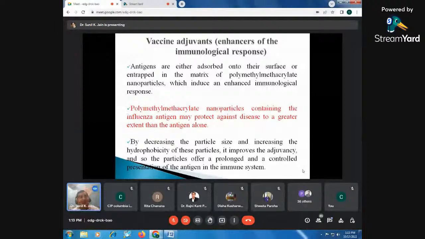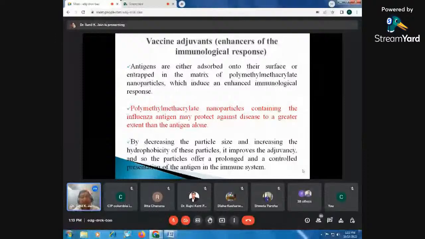Nanoparticles containing the influenza antigen may protect against disease to a greater extent than the antigen alone. If you use the antigen alone, it will not protect the person for a longer period of time, whereas particles with influenza antigen may give a prolonged effect.